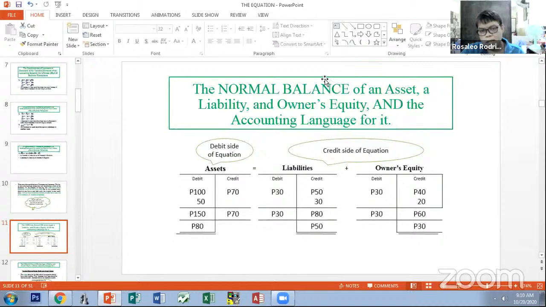Now, this normal balance is very important in knowing what should be the entry in terms of debit credit entry in increasing a particular asset, liability, or owner's equity account. Now, account is again a terminology in accounting, a specific account.